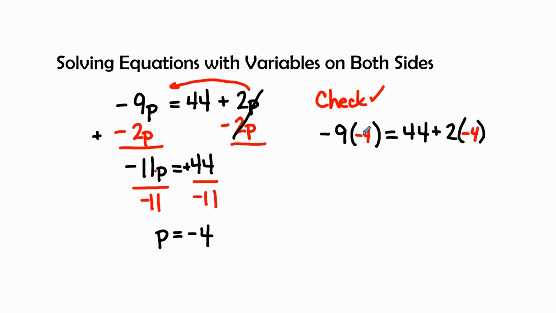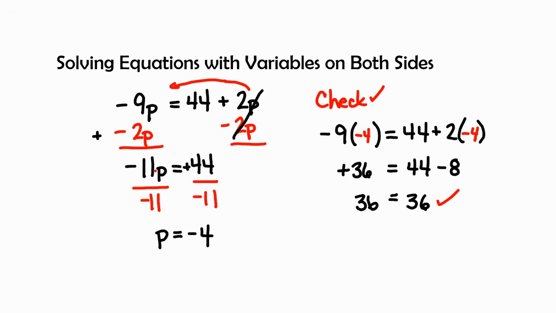And so I have a negative and a negative is a positive, and 9 times 4 is 36. And then I have 44, and a positive 2 and a -4 is a -8. So I have 36, which equals 44 minus 8 is also 36.